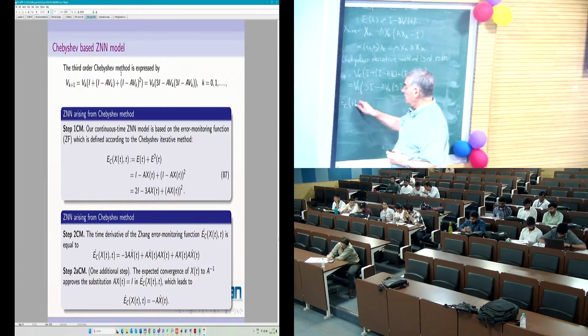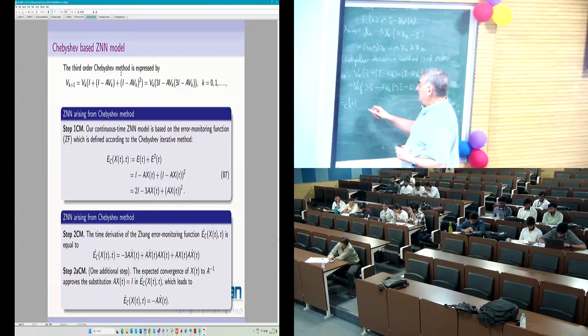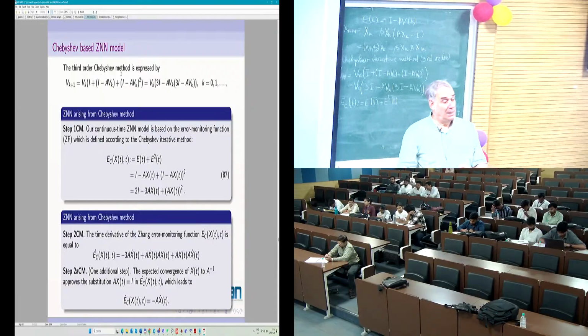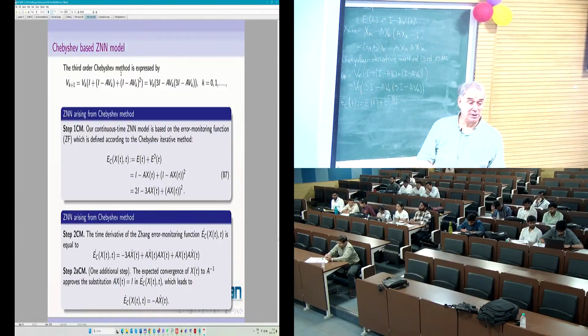I will put here only t, identically equal by definition to E of t. Of course, if we remove the second term, we will obtain the classical error function. Our idea was to consider what will be if we include powers of errors, as is done in the hyperpower iterative method?